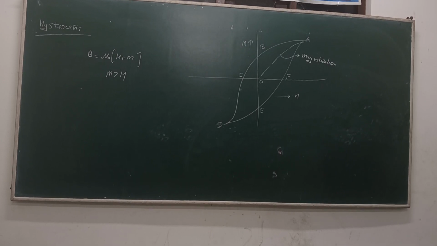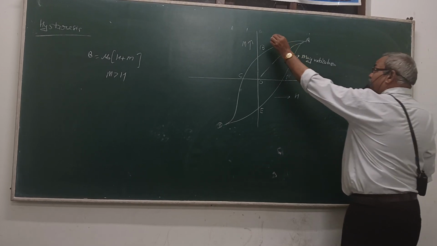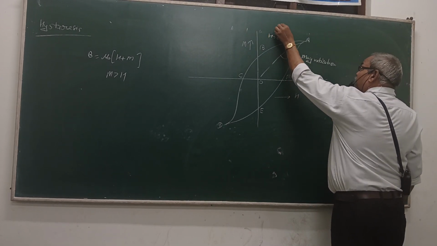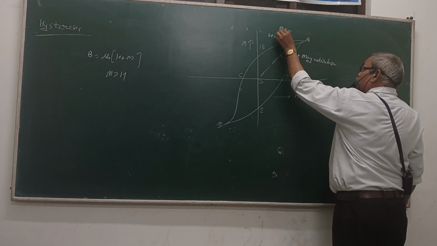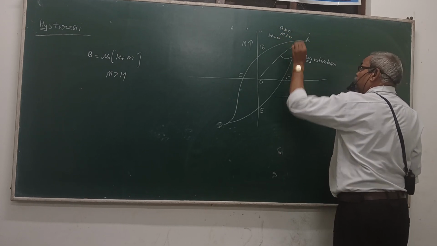Now this is the return along the magnetization curve, along the path AB. और AB पर आपका H 0 है और B और M 0 नहीं होते। और यहां पर वो कह रहा है कि इस लाइन पर आपका H की वैल्यू 0 है but B can never be 0 and M can never be 0.